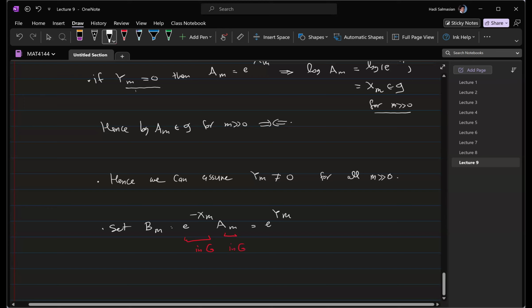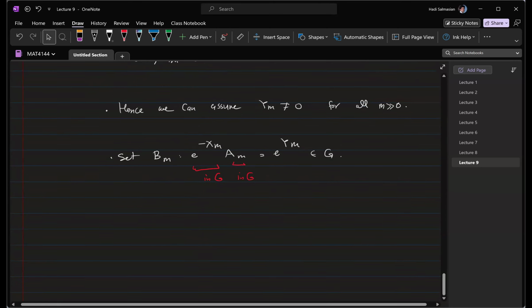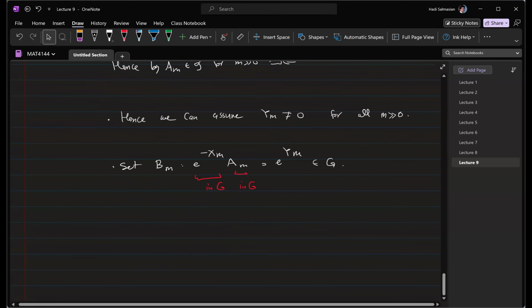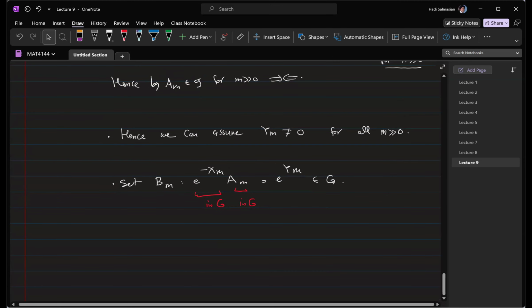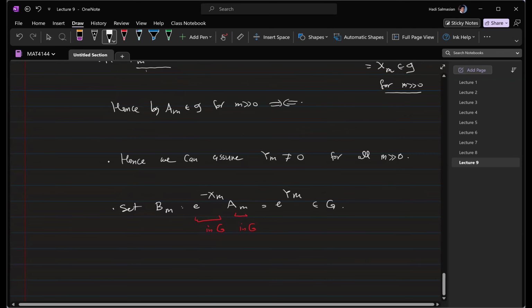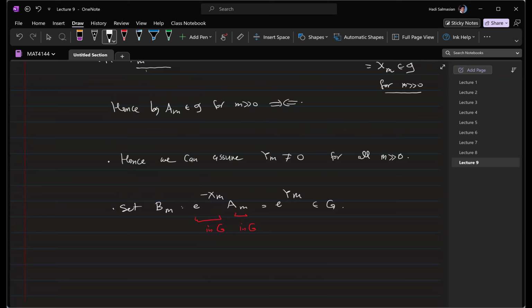So as a conclusion, the e to the yms will belong to capital G. So the BMs lie in capital G. The BMs certainly converge to the identity, because the XMs are going to 0.